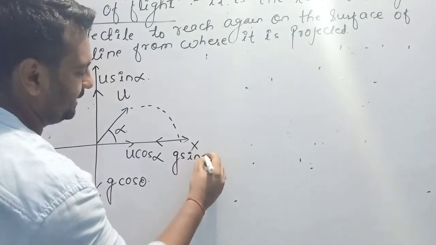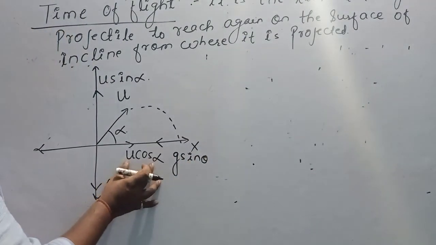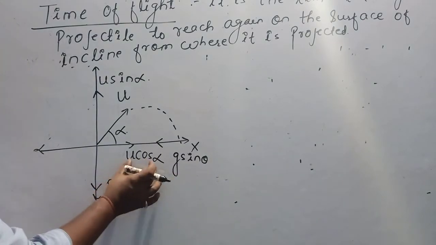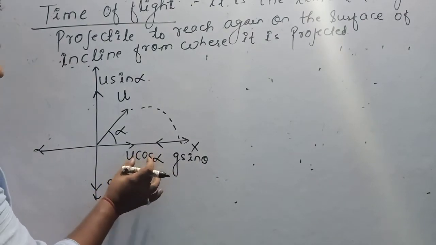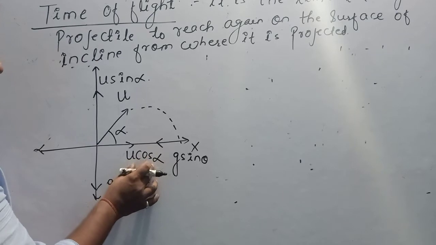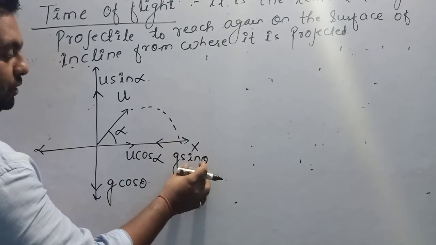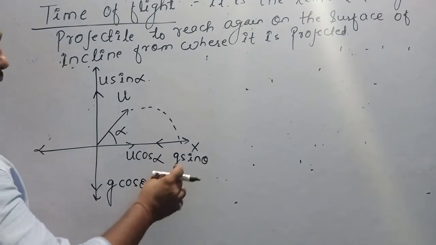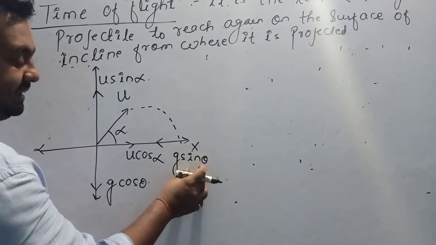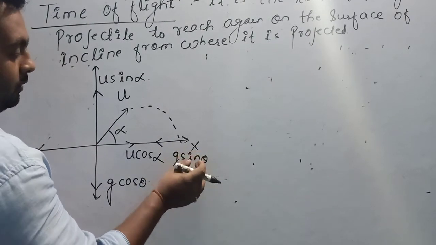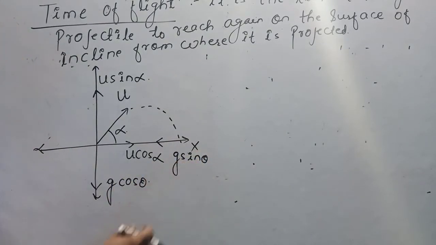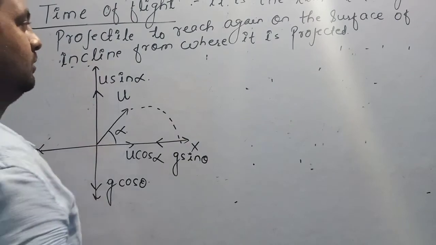Clearly you can see here velocity and acceleration are both in opposite directions. The component of velocity of the projectile and the acceleration produced in the projectile are in opposite directions. Hence we are writing a negative sign with the x component of acceleration due to gravity.